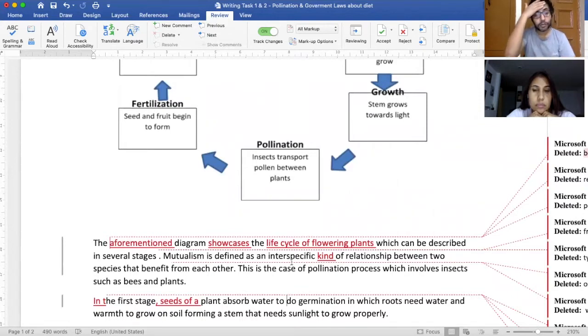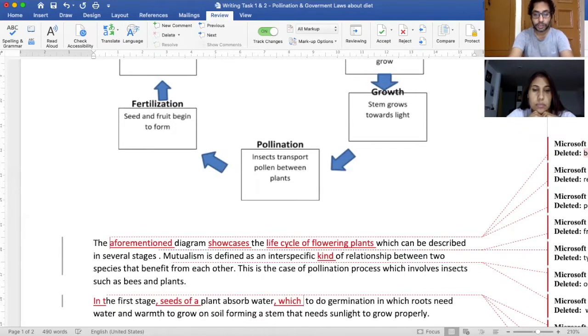Seeds of a plant absorb water, which is followed by the germination process.